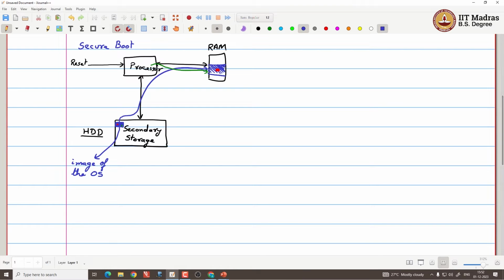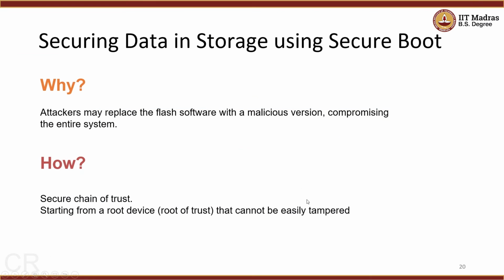So this is what we'll be looking at in this video. What we intend to do is to secure the data that would include your OS image, or for that matter any data that is present in any application, which is stored in your secondary storage. So this is done with the help of secure boot.